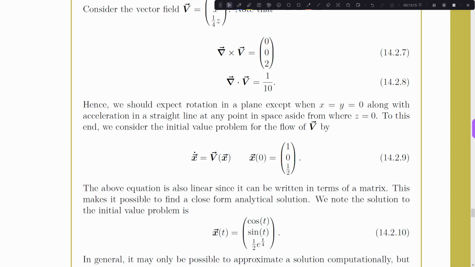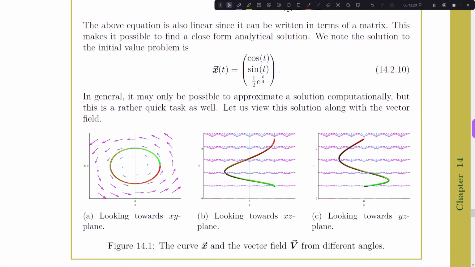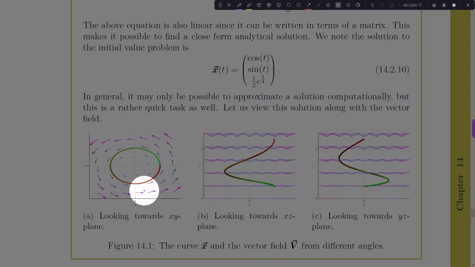If I were to plot this, given my vector field, this is the vector field we used a long time ago, except for the 1/4. In the xy plane, we have this rotation, and notice cosine and sine as our solutions to this vector field give us a circle. So the rubber ducky goes circular through the xy plane, and yet it moves up.